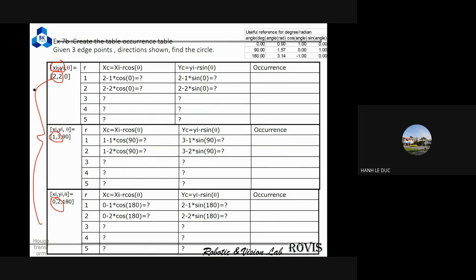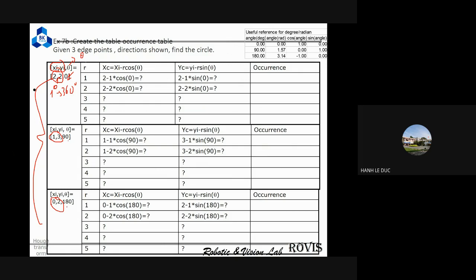So first we vary the theta. As I said before, at each point we have to vary theta from 1 degree to 360 degrees, right? But here I just give you some important theta values: 0, 90, and 180, okay?